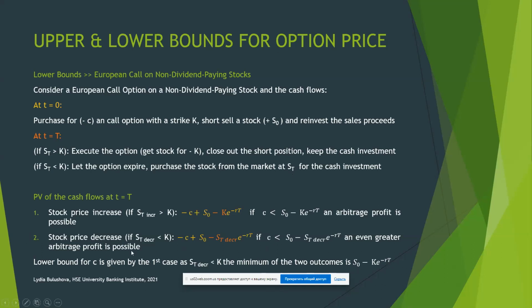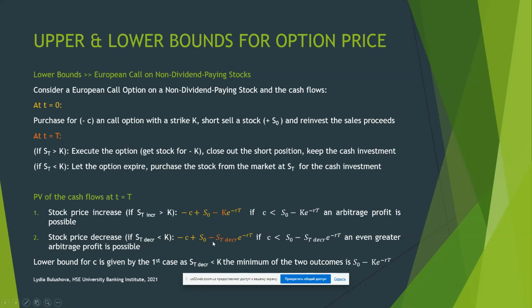So consider the second line at the bottom. If the stock price decreases, here we have minus C plus S sub 0. We purchased an option, we paid minus C for the option, and S sub 0 is the proceeds from short selling a stock.